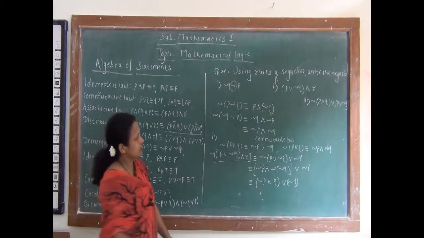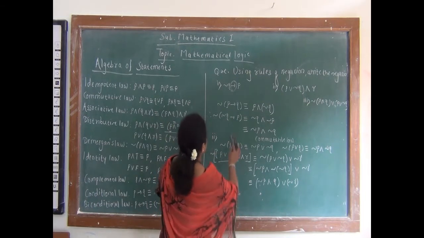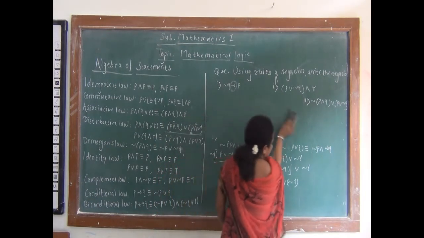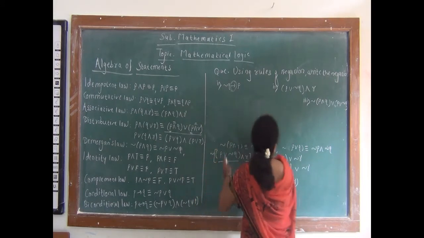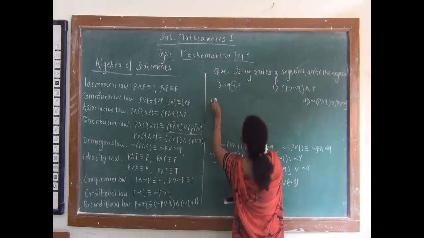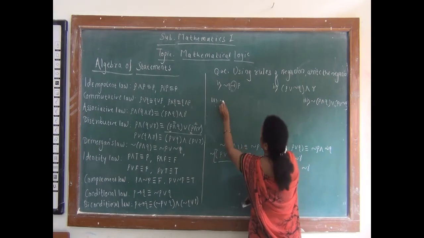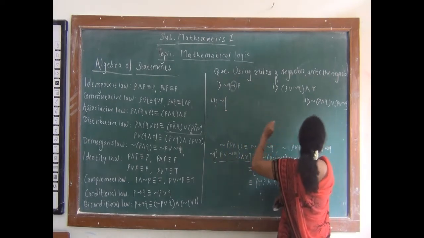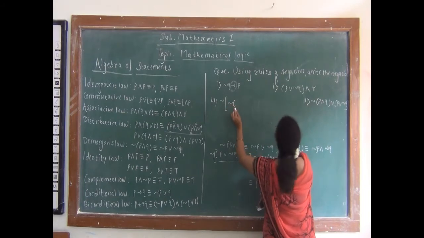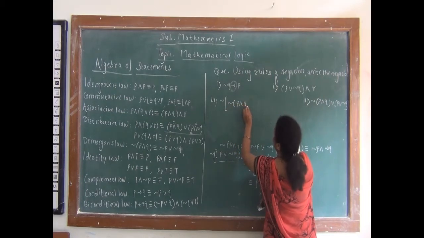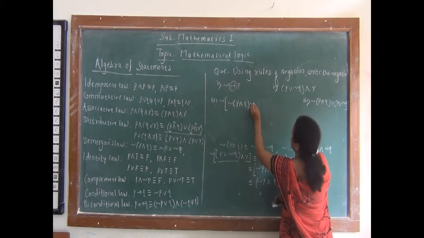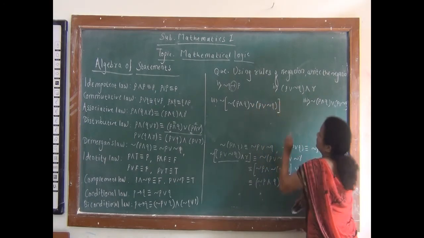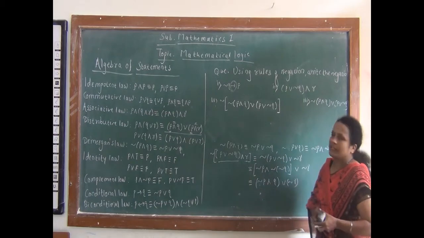Now we see the third statement. So we write here the solution of the third: negation of, we write in the bracket, (negation of (P and Q)) or (P or negation Q). So we have to find the negation of this statement.